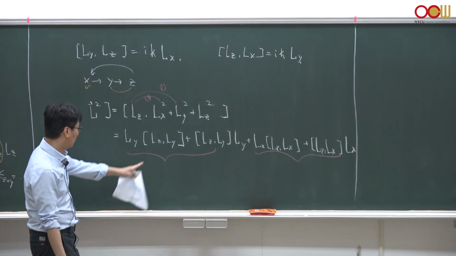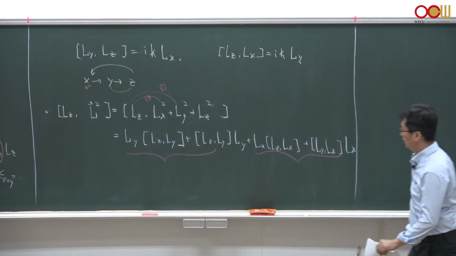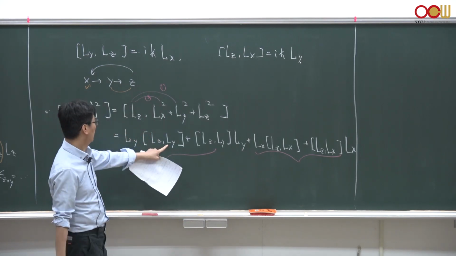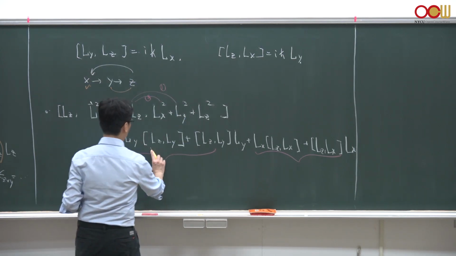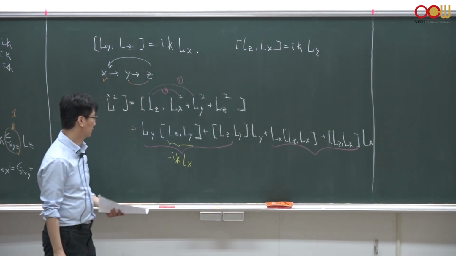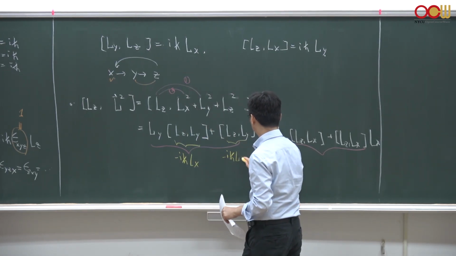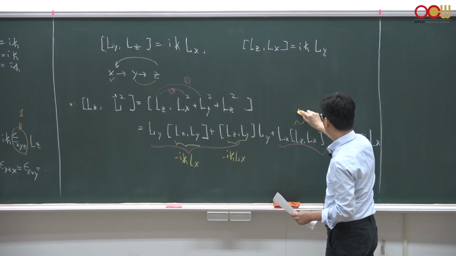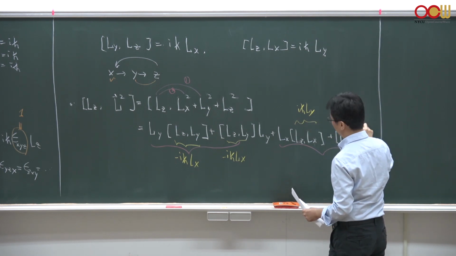But what is the Lz Ly commutator? This is given by minus the Ly Lz commutator, right? The Ly Lz commutator is given by i h bar Lx, so this is minus i h bar Lx. Again, for Lz Lx, this is i h bar Ly.